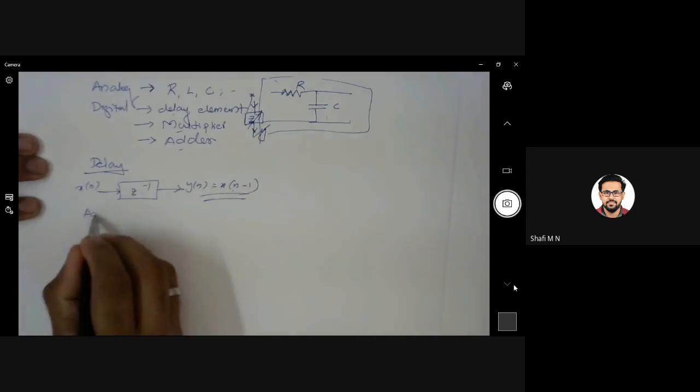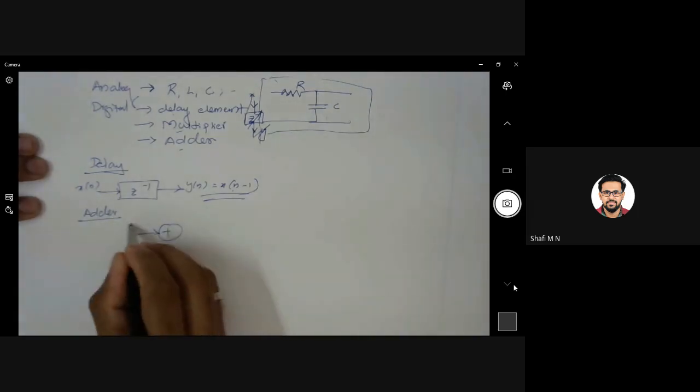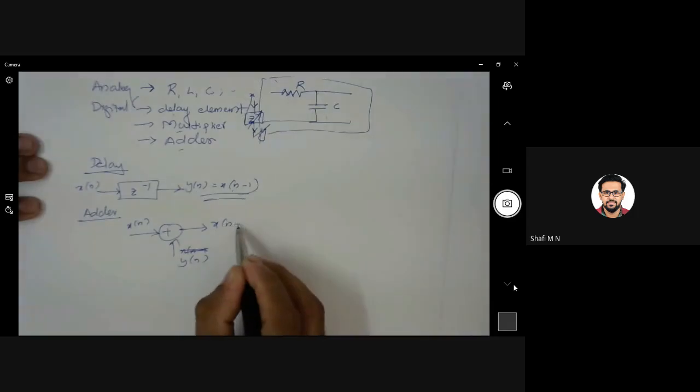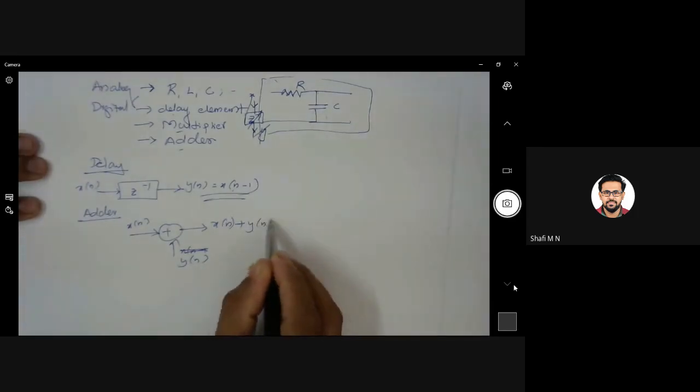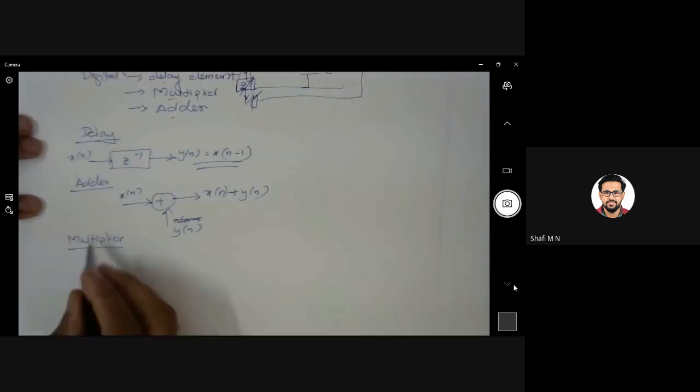Then you have an adder. Adder is a summing block, where see here you have x of n, here you have say x of n -1, or say y of n, another term. Then here you will have x of n plus y of n. So this is adder block. Another element what you want is multiplier. Multiplier will do a similar job.